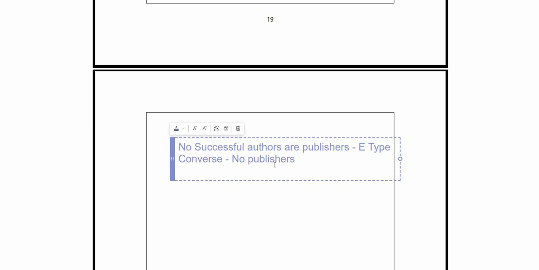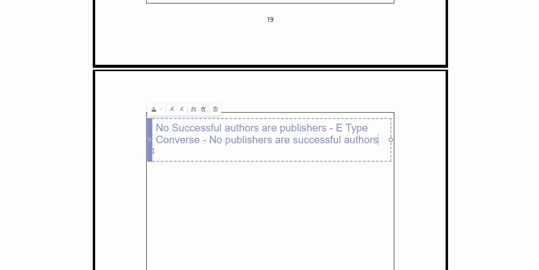No publishers are successful authors. Ignore the spelling error if any. As simple as this. So E remains in E type only. So I'll just mention what type you are converting it into.